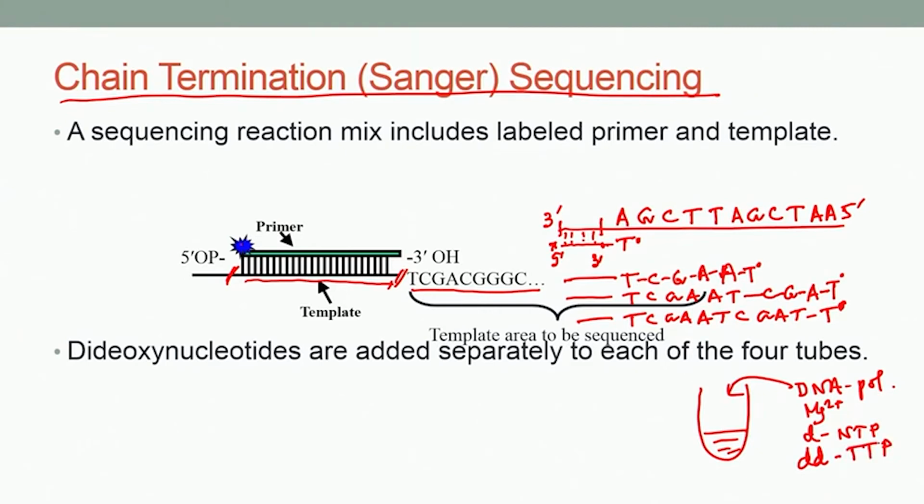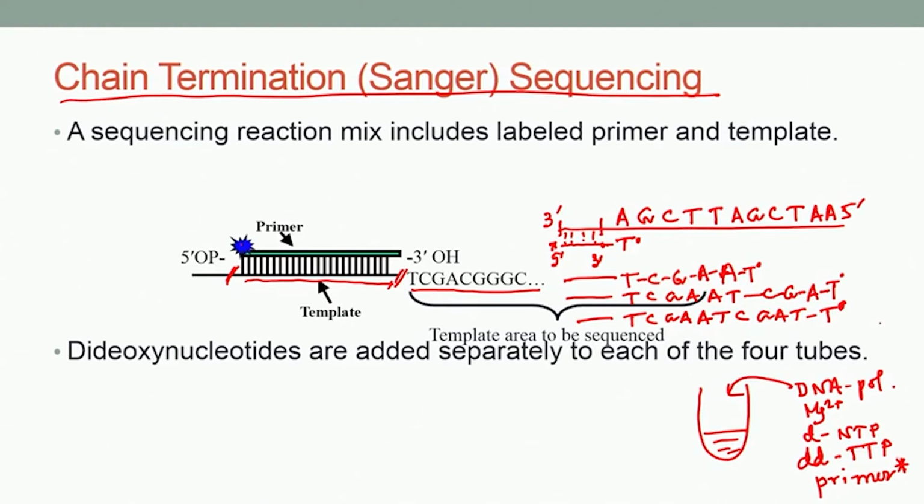Other dideoxy I do not add to this test tube or the Eppendorf. Okay. And what else? I need to add the primer, that is the radioactive primer. Okay. So, the primer goes and binds, and because I have only ddTTP, the chain will terminate only when there is requirement of T here. Others will not terminate because I have not added the ddCTP or ddGTP or ddATP. Okay. So, that has to be made clear.